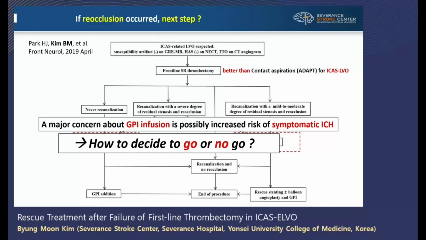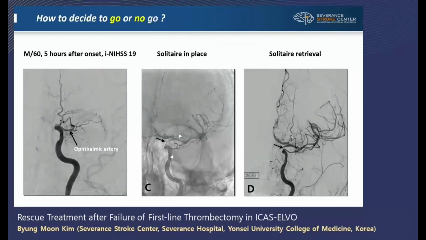How to decide to go or no go if reocclusion occurred? Let me show you a typical case to go. This patient presented with initial NIHSS score of 19, and angiogram shows left ICA distal occlusion.